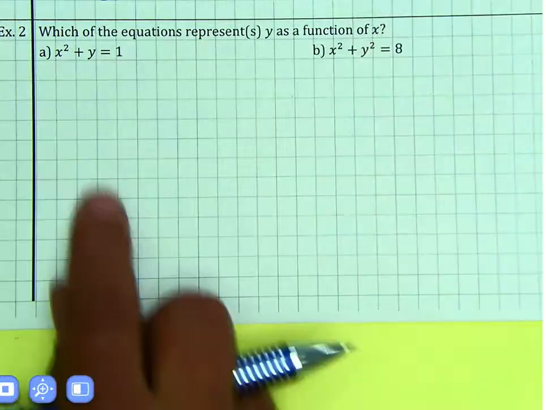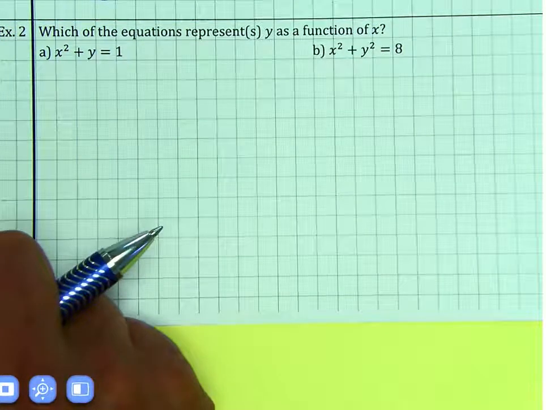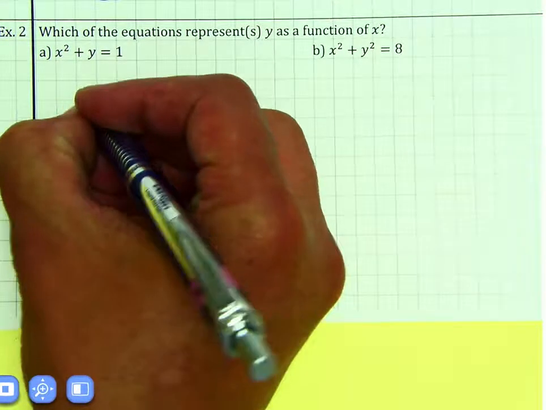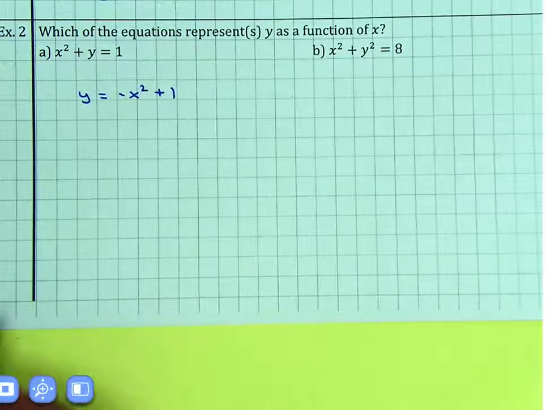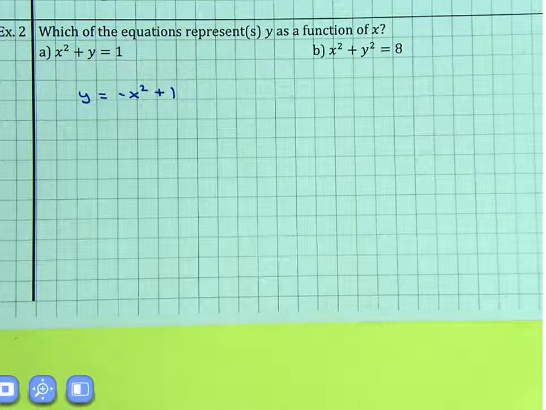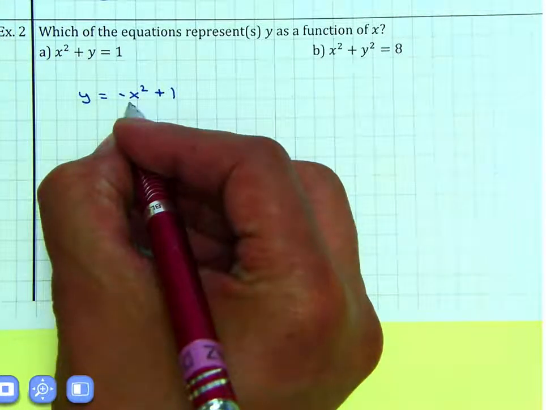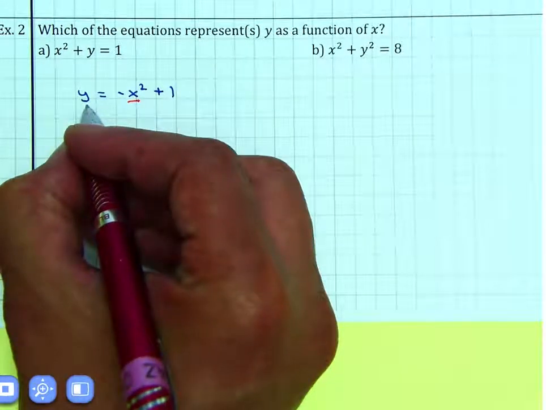Now, in order to determine whether it's a function or not, you want to be able to leave the y by itself. So solve for y. So in this case, y is equal to negative x squared plus 1. And every time you plug in a value of x, you are only going to get one y.